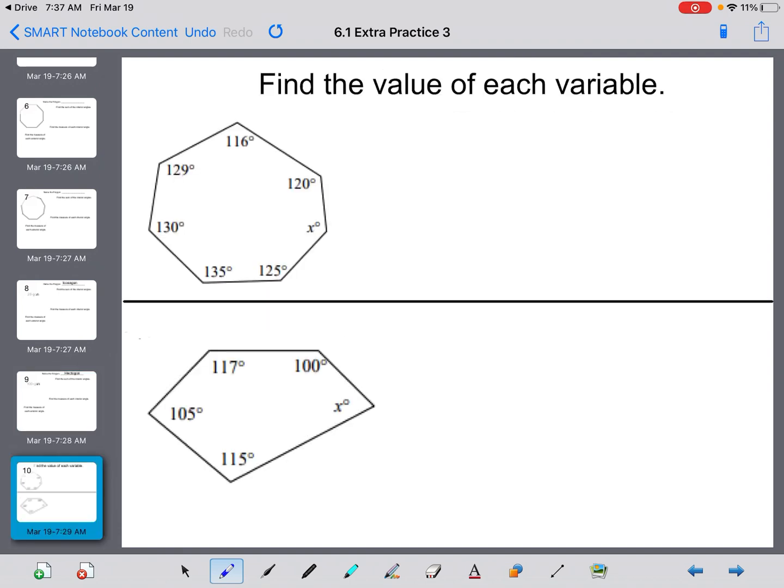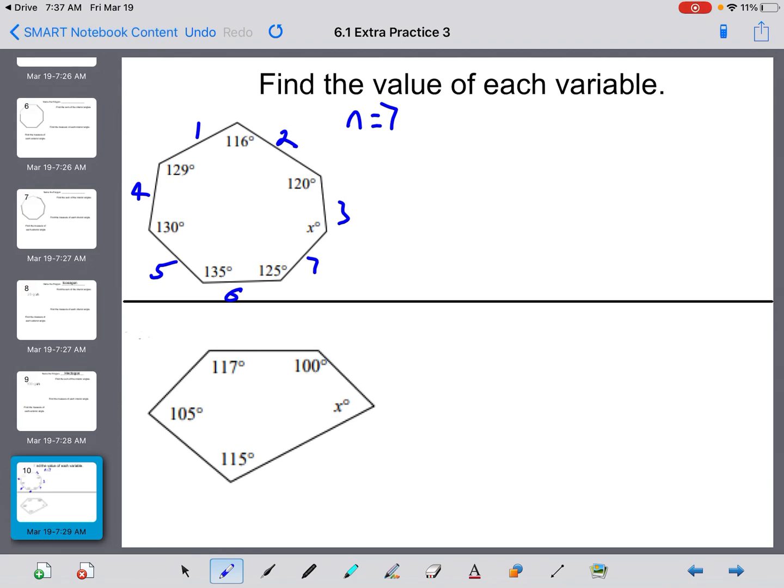Okay. And to find the value of each variable on your very last page, what we need to do is determine the number of sides. I see 7 sides, so n is equal to 7.